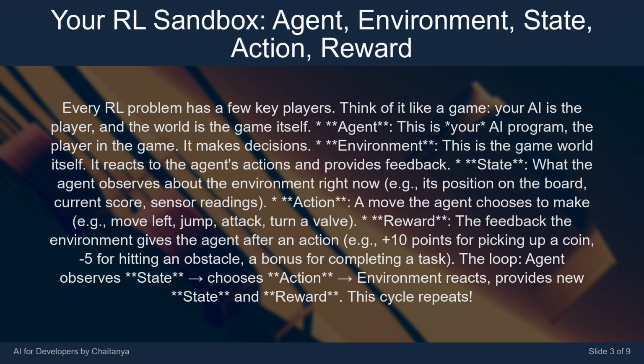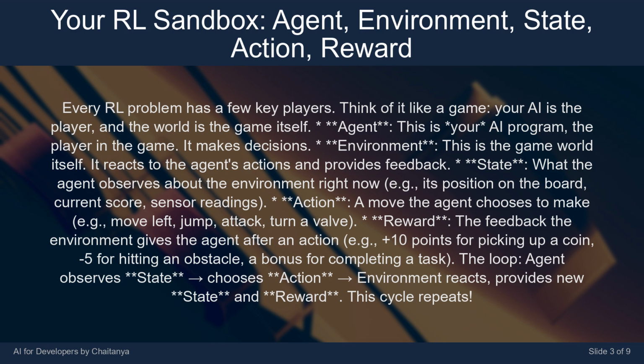State. What the agent observes about the environment right now. E.g., its position on the board, current score, sensor readings. Action. A move the agent chooses to make. E.g., move left, jump, attack, turn a valve. Reward. The feedback the environment gives the agent after an action.